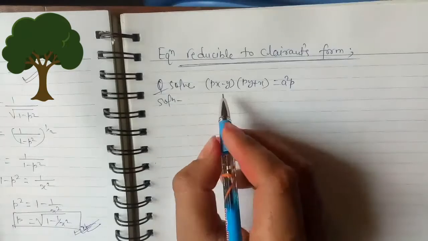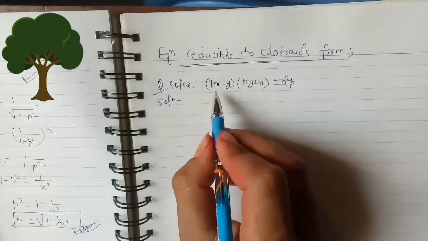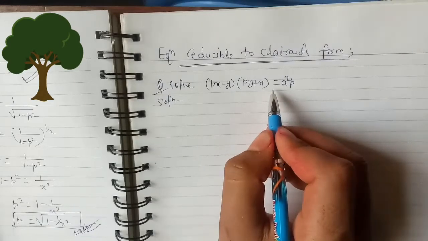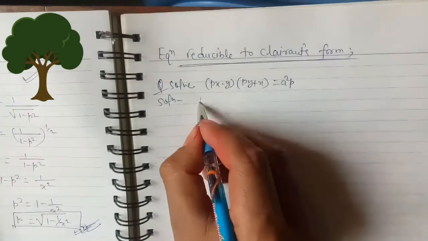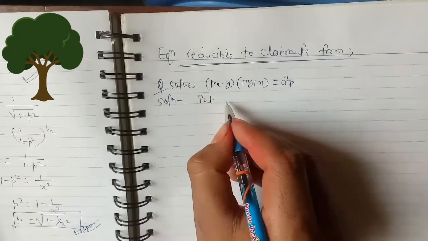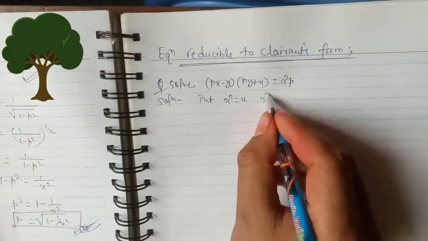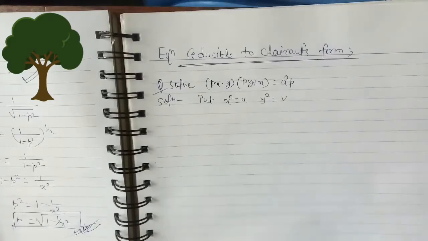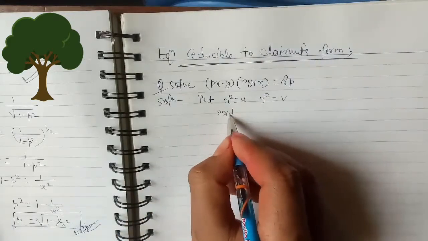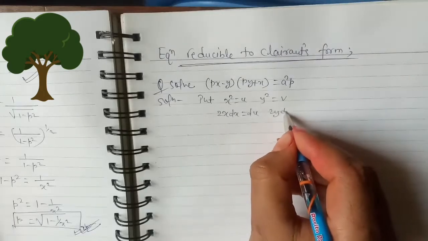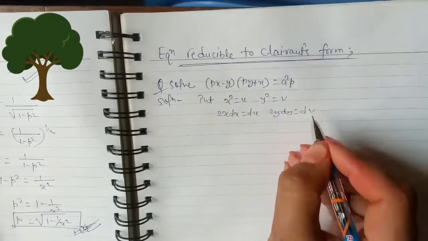The given problem is this: (px minus y)(py plus x) is equal to a square p. Now here we will put x square is equal to u and y square is equal to v. From here we get 2x dx is equal to du, and 2y dy is equal to dv.